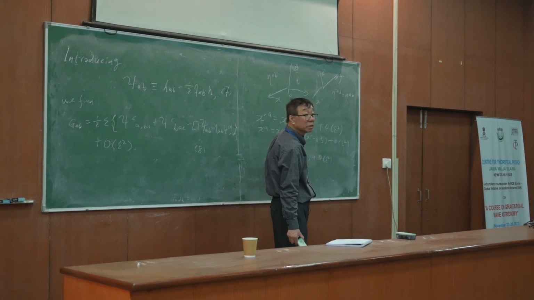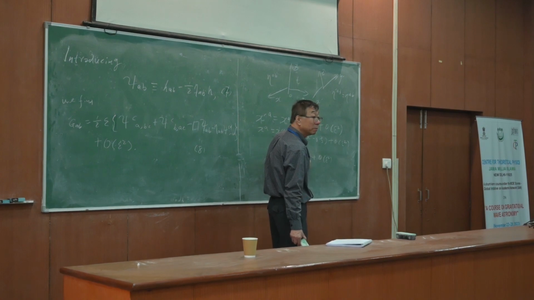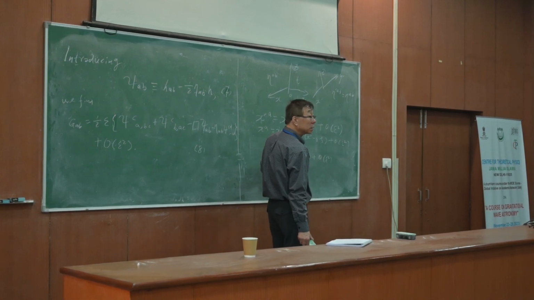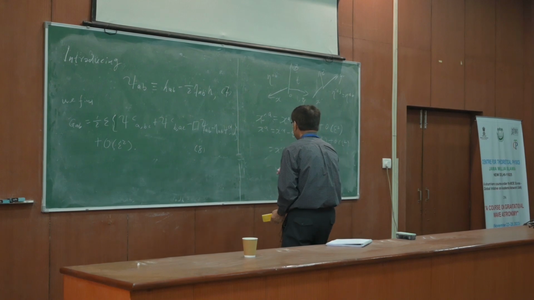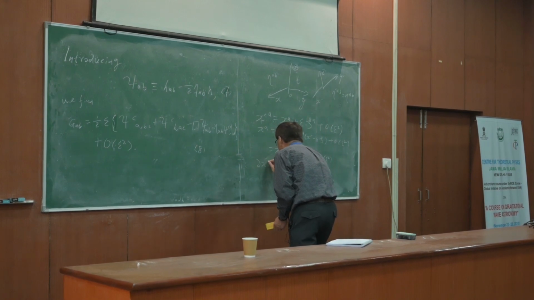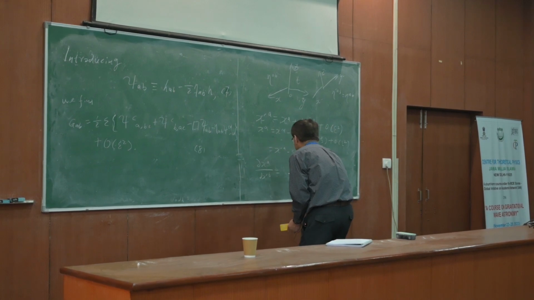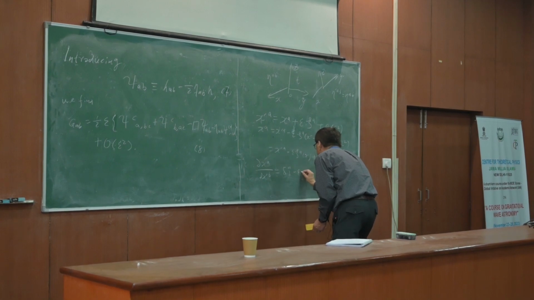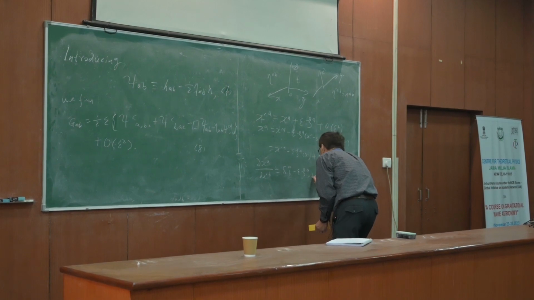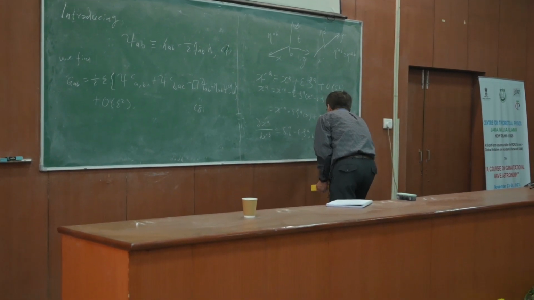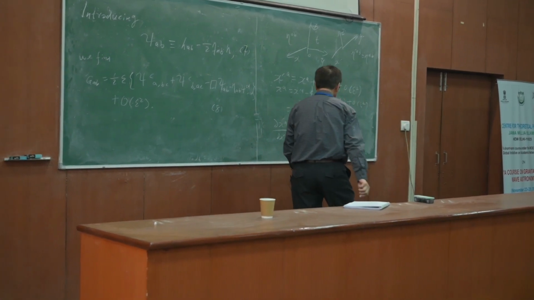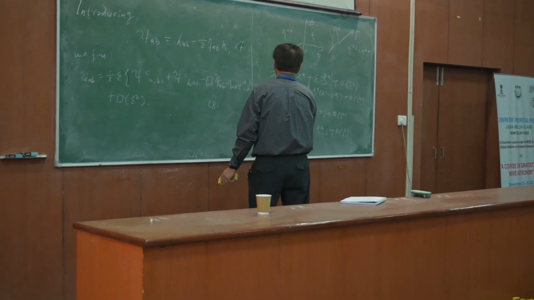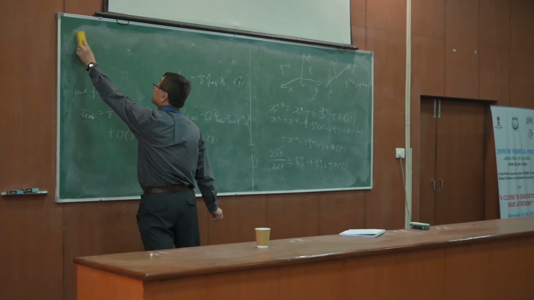So the linear term is the same. Just simply replace X by X prime, here minus. Why? Because I need this one. Then you can get dX A, dX prime B. This gives me delta AB minus epsilon psi A, B. Correct?